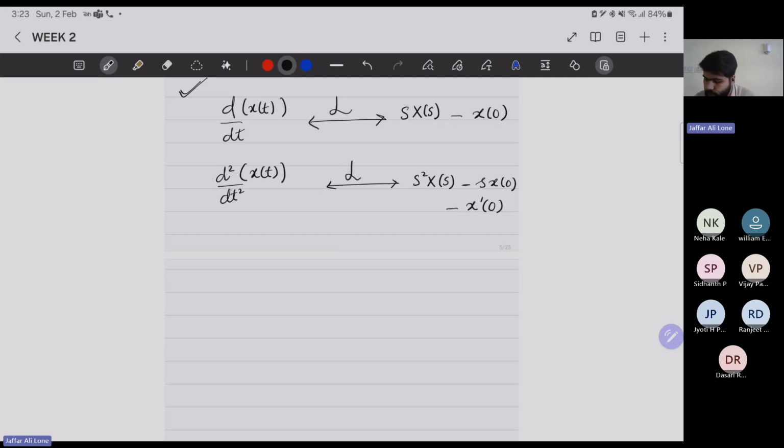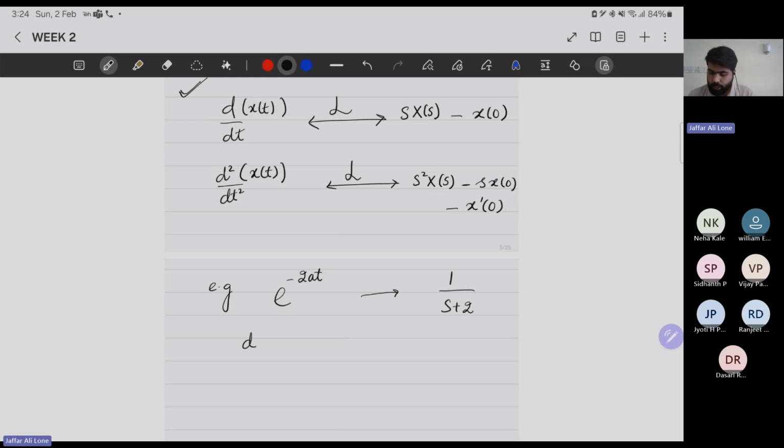For example, we will see a question here. If we have a function e raised to the power minus 2t, we already know what its Laplace transform will be, but still we'll try to find it using this formula. If we have to find the double derivative of this function, we already know its Laplace transform is 1 divided by s plus 2.